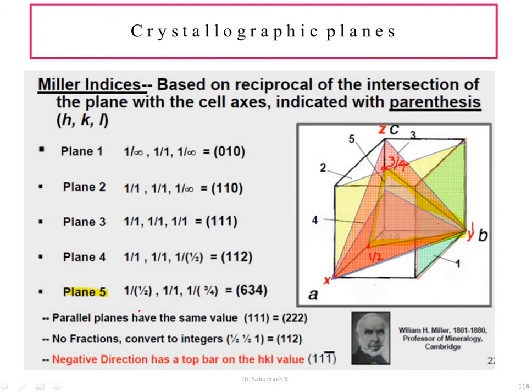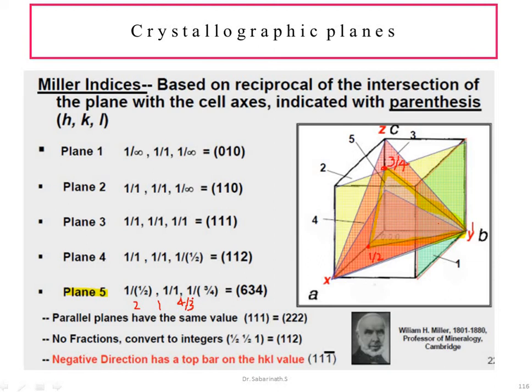So again we will write it as 1 by half, 1 by 1, and 1 by 3 by 4. There's a little twist in this representation. The values will be 2, 1, and 4 by 3.